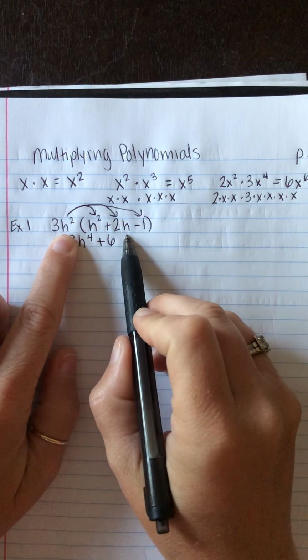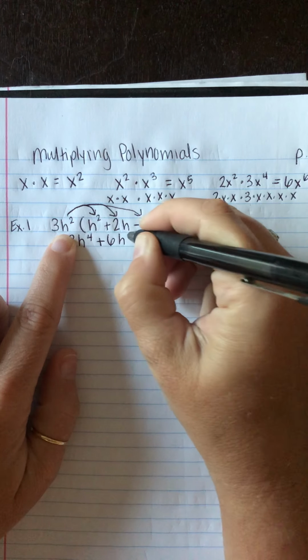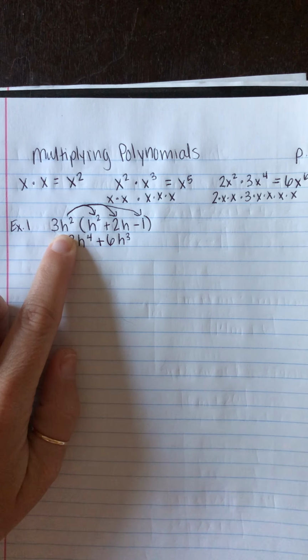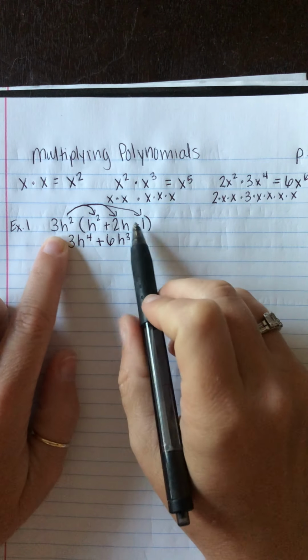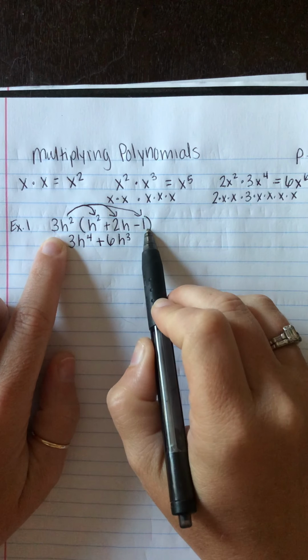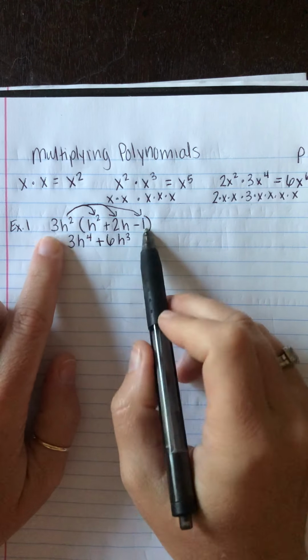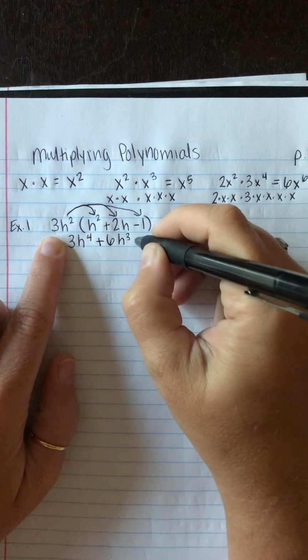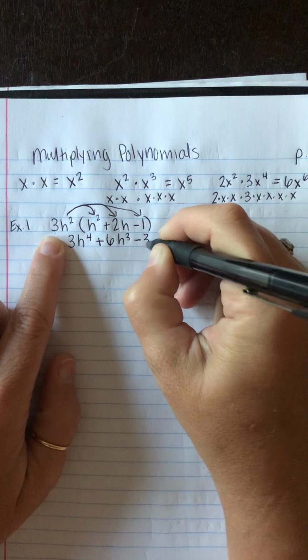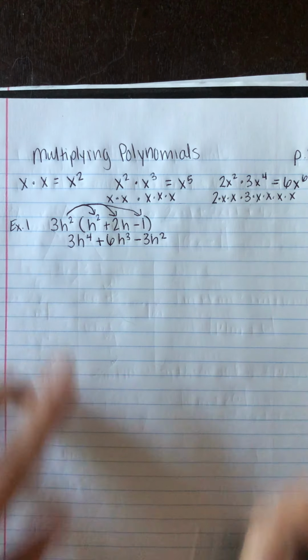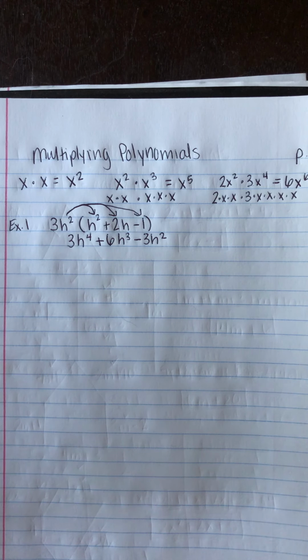And h squared times another h is going to give us h to the 3rd. And then, of course, when we just multiply this by a negative 1, we're going to actually keep this whole thing. It's just going to become a negative number. So we're going to end up with negative 3h squared. So that would be the answer to this distributive property problem.